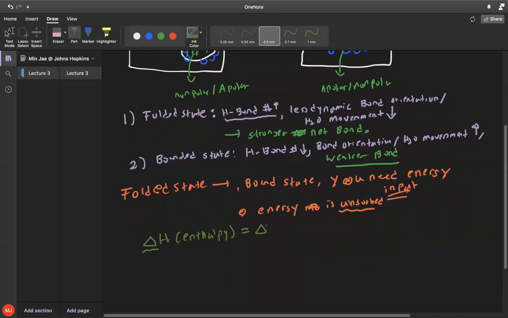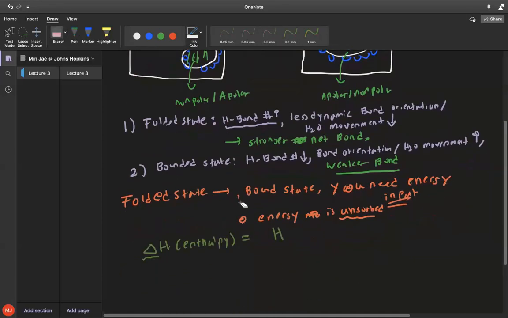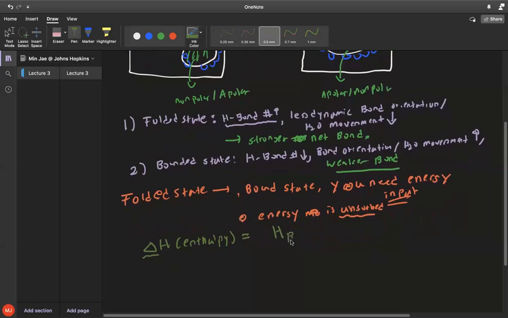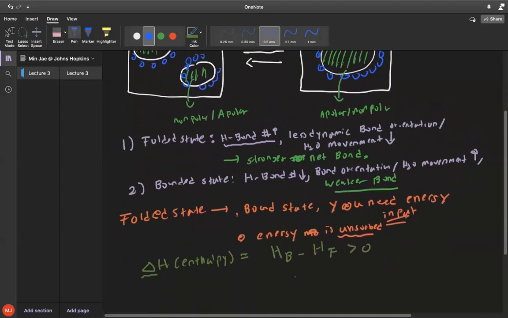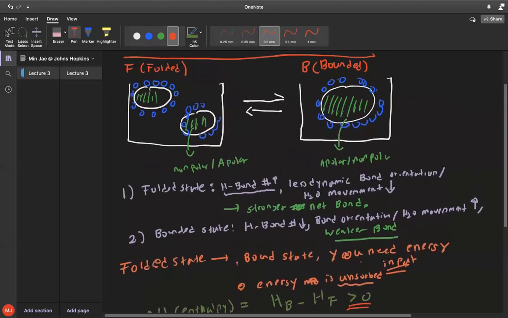So it is delta H, which is HB, your final state, minus HF, your initial state. And that has to be positive because the folded state is the higher energy state, and since you're inputting energy in the transition between the two states, you are adding energy, which means the delta enthalpy, or delta H, has to be positive. Sorry about the little confusion over there.